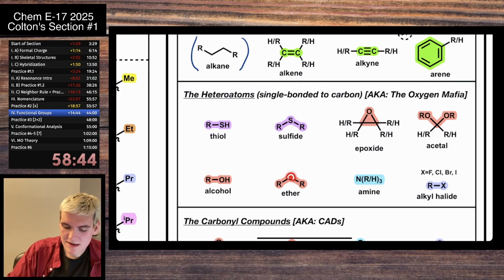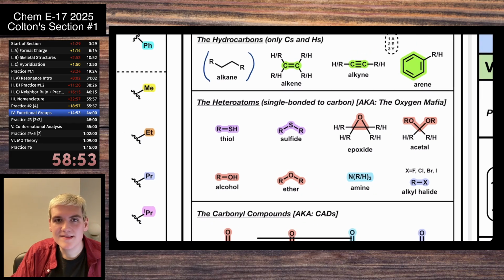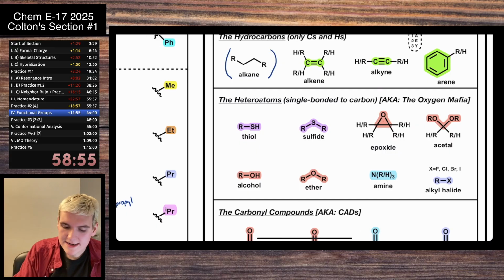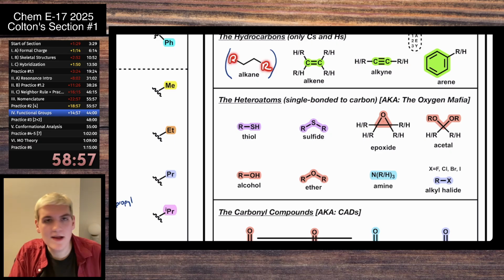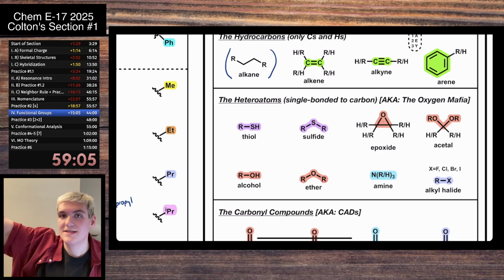Now, if we have an oxygen and we have carbons on either side of it, then we say it's an ether. So it's in the middle of a chain of carbons. I don't think I explicitly listed this, but R here just stands for the rest of the molecule, the other things that we don't care about. R typically we can think of as being a carbon with the rest of the chain.